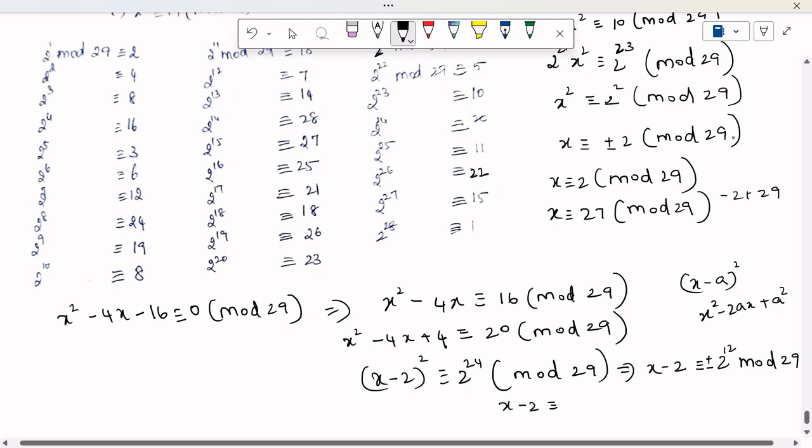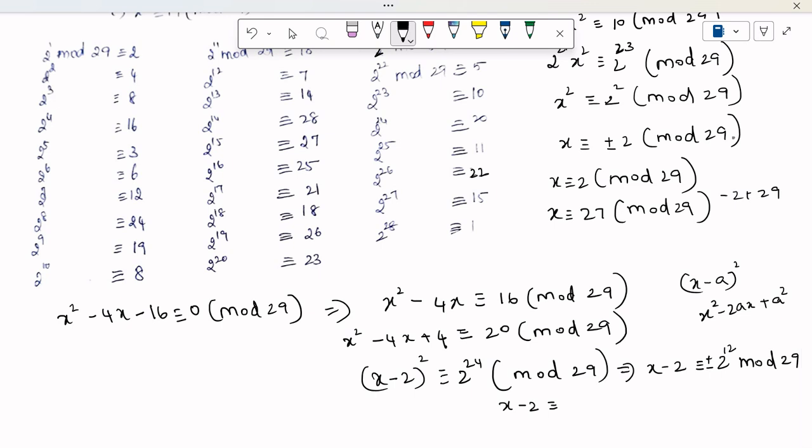What is 2 to the power of 12? 2 to the power of 12 is 7. So plus or minus 7 mod 29.